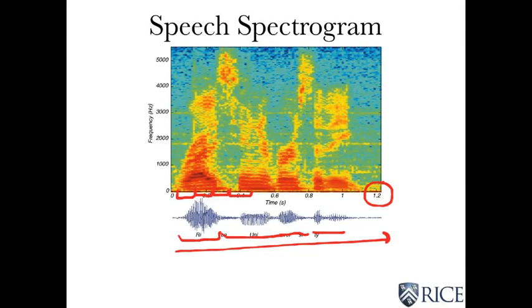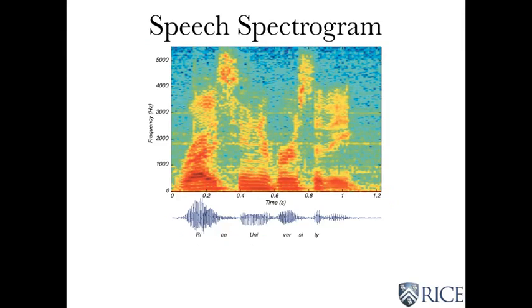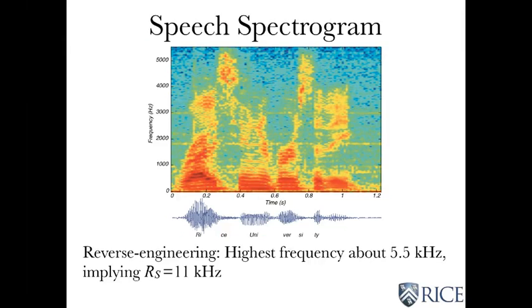So before we go into the details of that, let me ask you a question. As we noted before, the highest frequency here is 5.5 kilohertz. What was the sampling rate I used to digitize the analog speech signal to read it into my computer? All right.